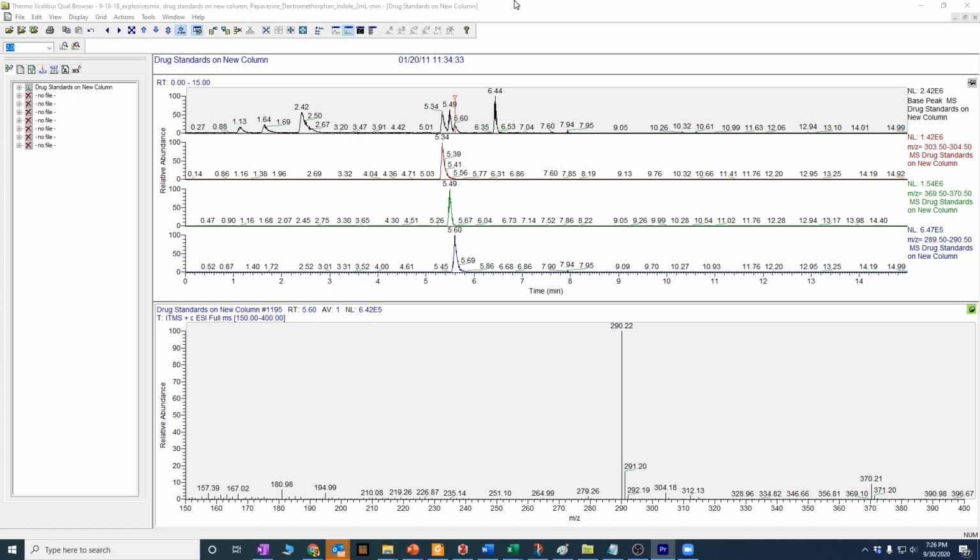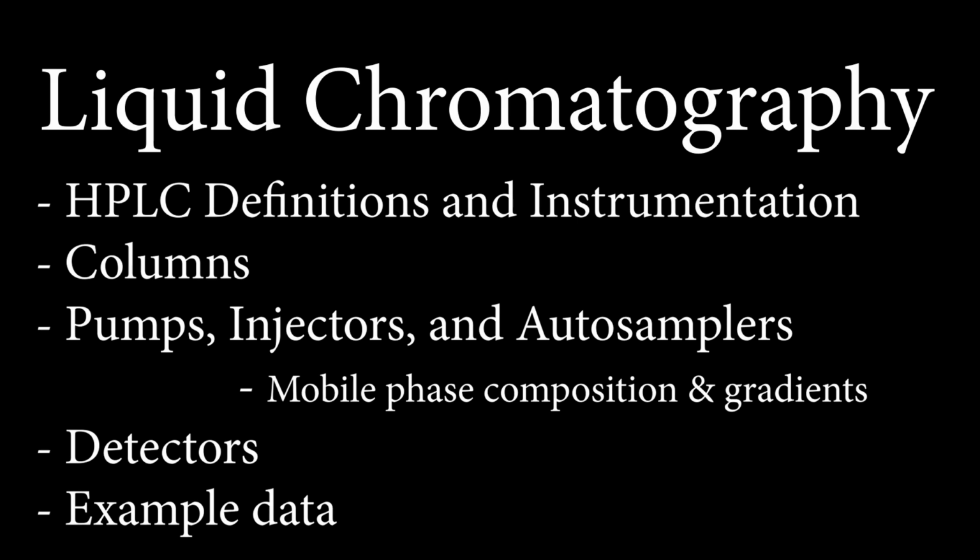And there are very few LC detectors that they will do well on. There are some specialty LC detectors that can sort of function with things that have no chromophores and don't form ions very easily, but we are not going to go into those because you almost never see them used in forensic science.